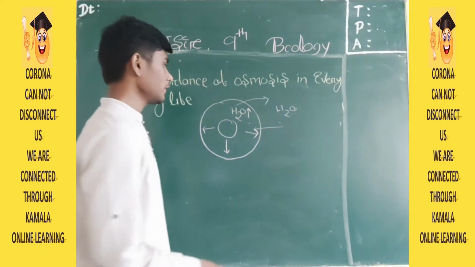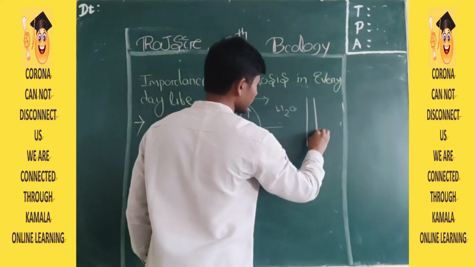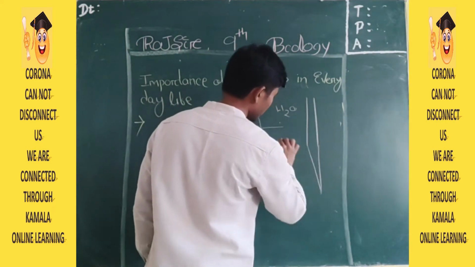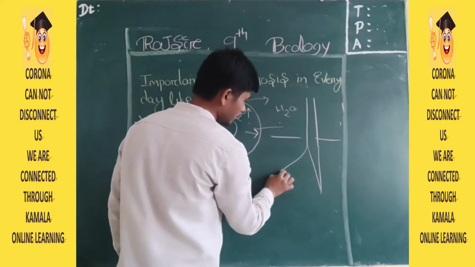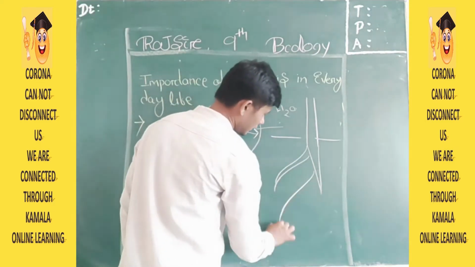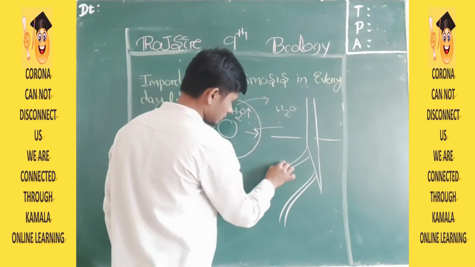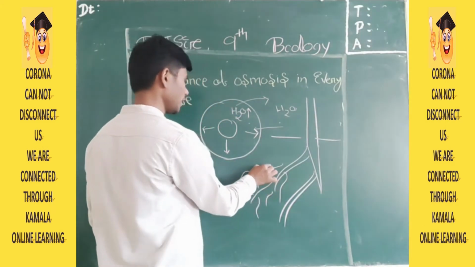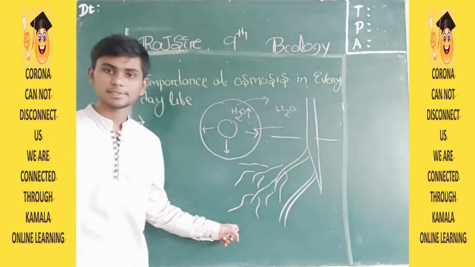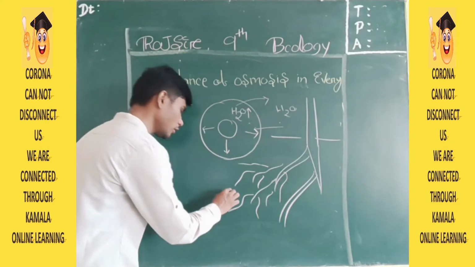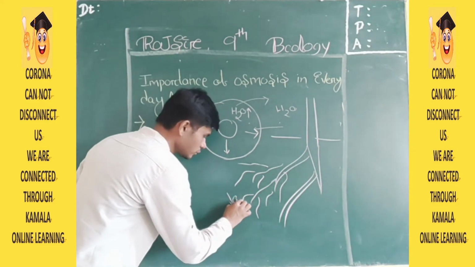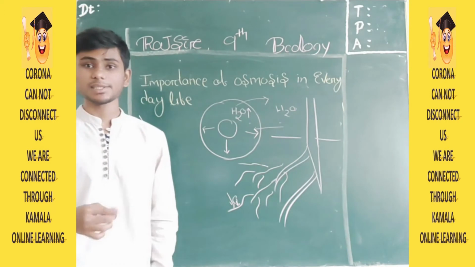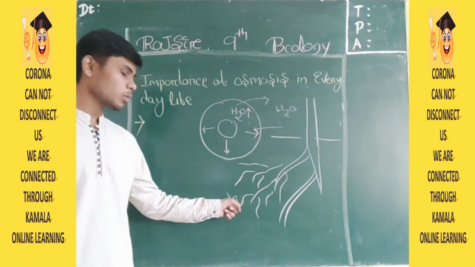When we speak about roots, as you all can see, this is a plant, and plant roots are there, right? Suppose this is a plant root. These are root hairs, right? What do these root hairs do? Basically, they absorb water molecules.